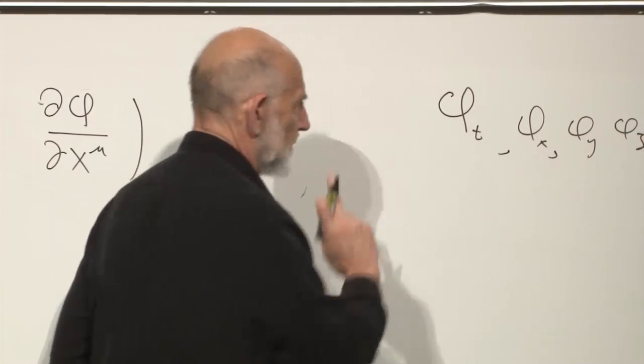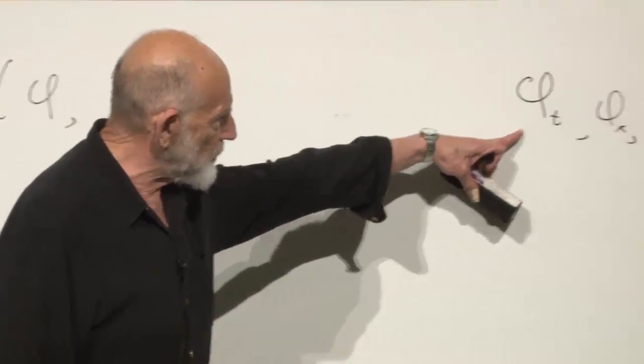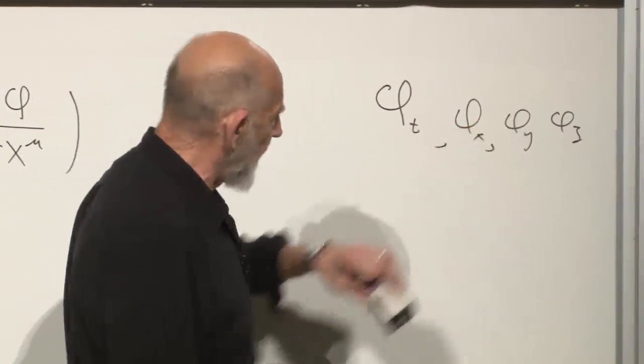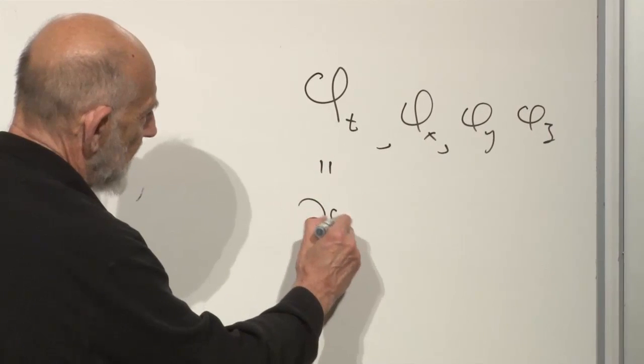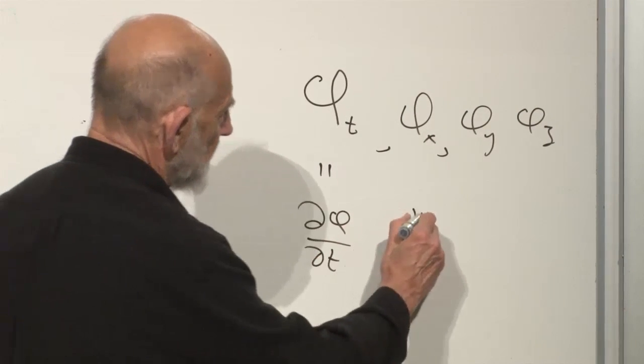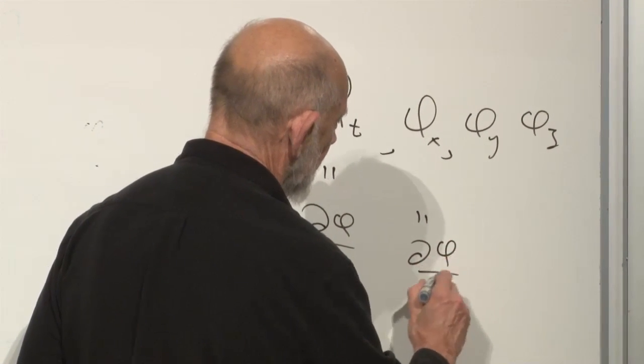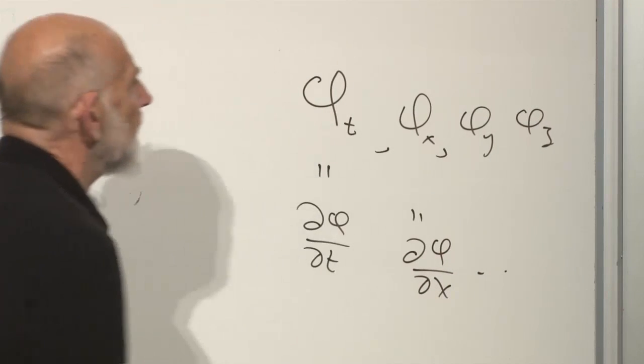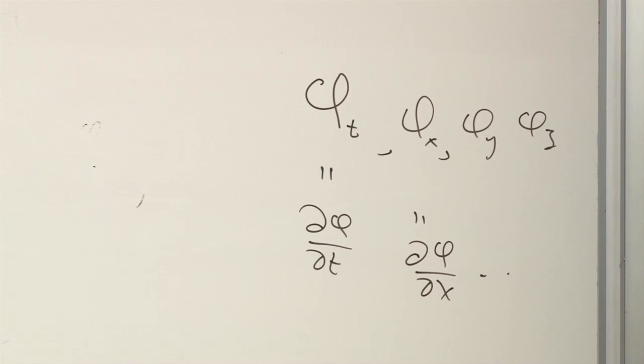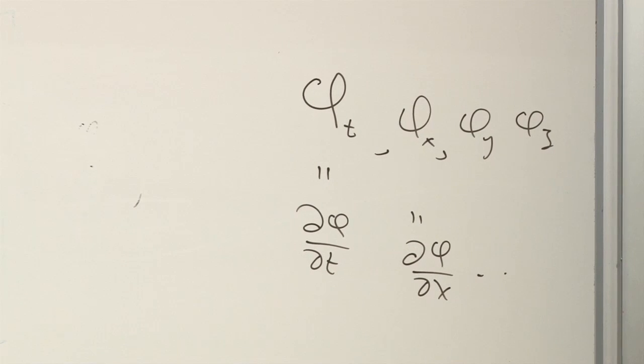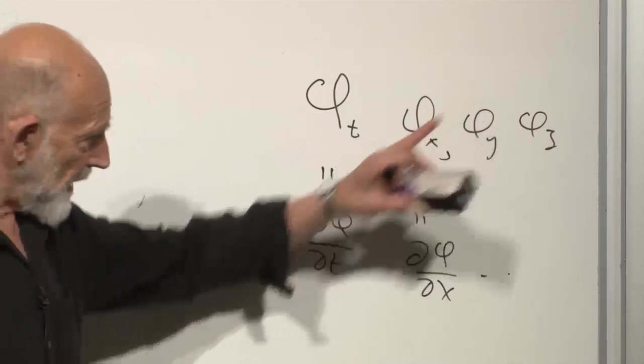And these things mean, by definition, the derivative of phi with respect to time, so this would be d phi by dt. This would be d phi by dx, and so forth. That's a more or less standard notation to put a little t or an x or a y or z here.